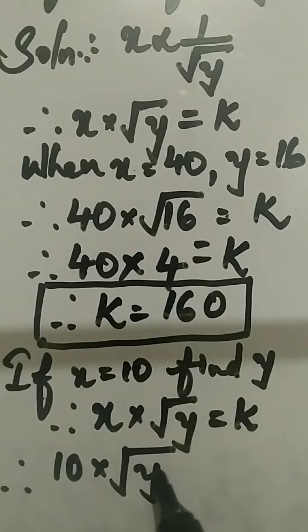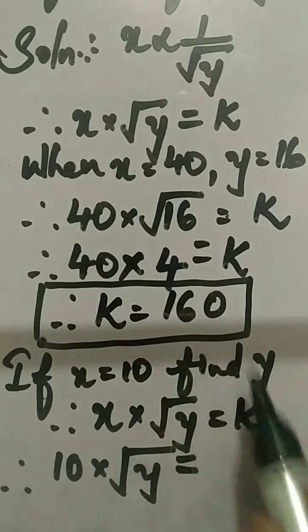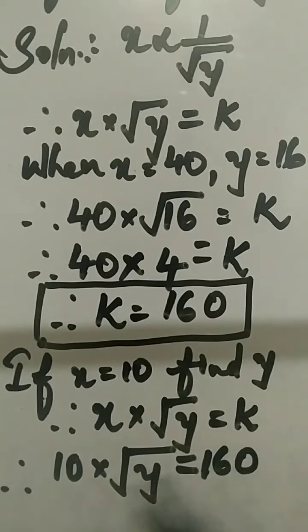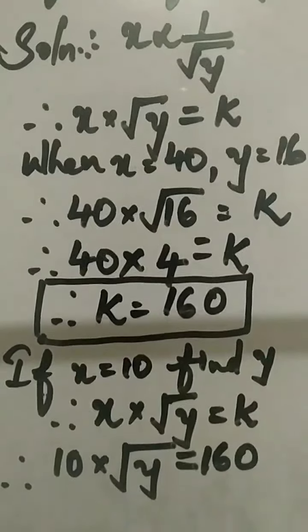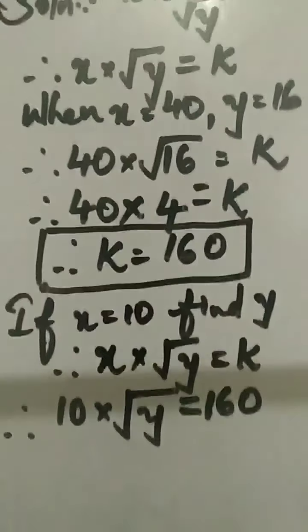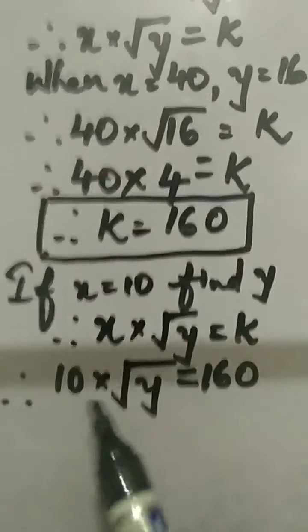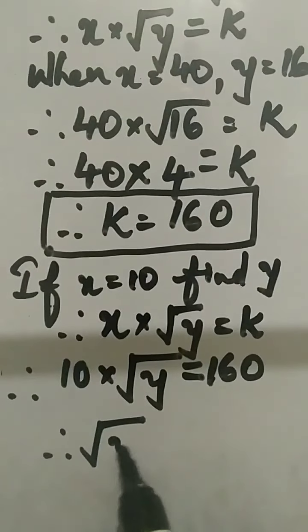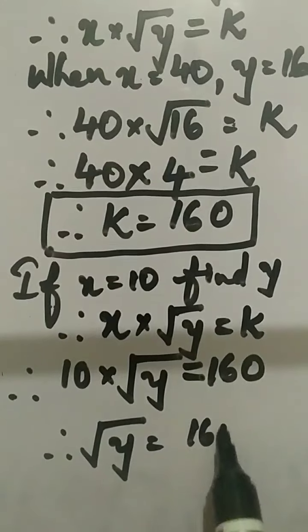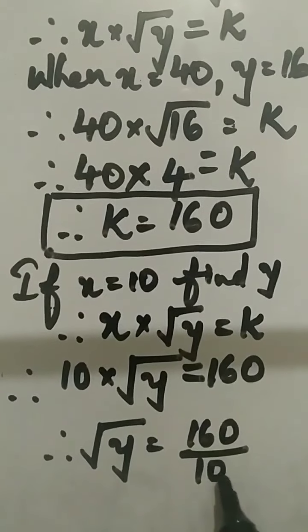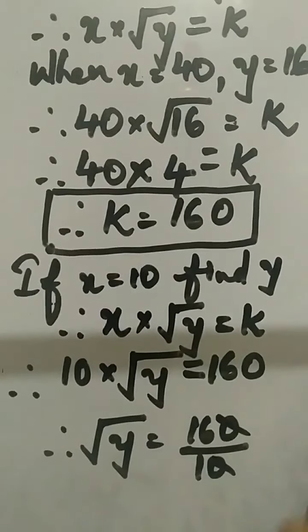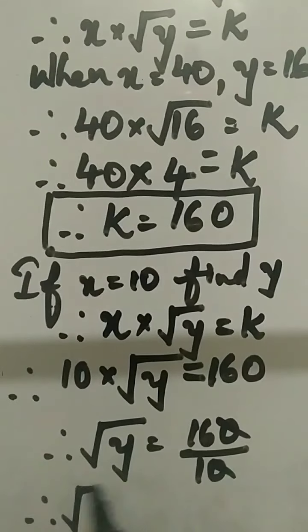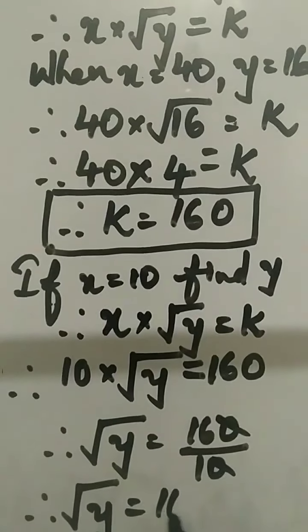Write it as root of y is equal to, constant is 160. Take 10 to the opposite side. So you get, therefore, root of y is equal to 160 upon 10. 0, 0 cancel. So therefore, root of y is equal to 16.